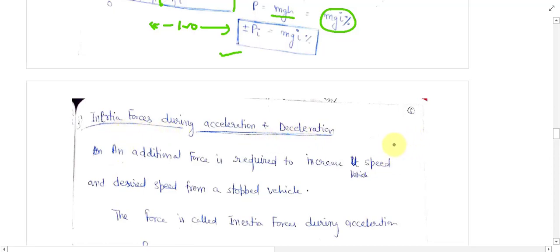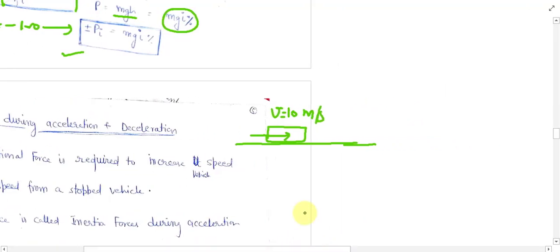Suppose this is your horizontal surface and this is your car moving in this direction with a velocity of 10 meters per second. Now if you want to overtake a slower vehicle, you need to increase your velocity. Now your velocity increases to 20 meters per second.